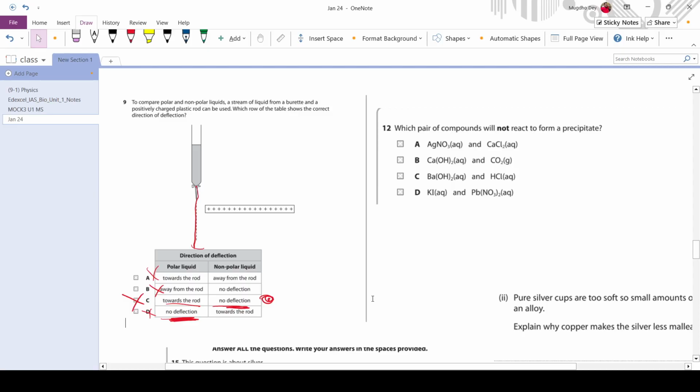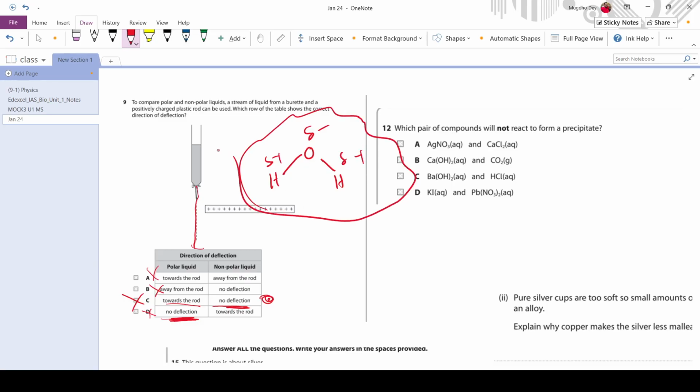Towards the rod because polar liquids are charged, that's why. Don't you know that positive means charged? Say for instance, this is a polar molecule, and it does contain charges, so it is charged. Now the question is, you don't know whether the polar molecule is negatively or positively charged.